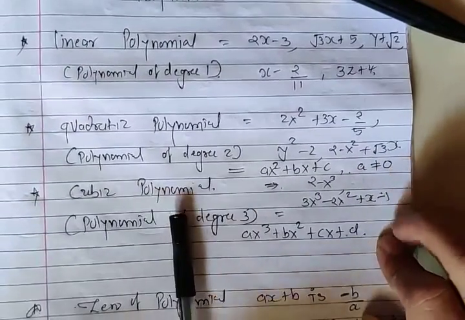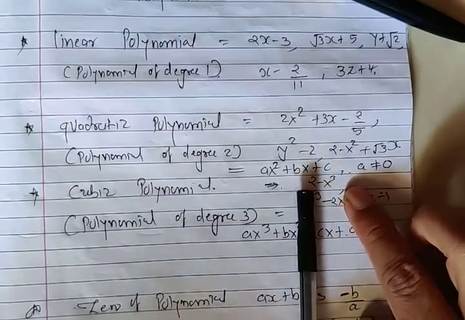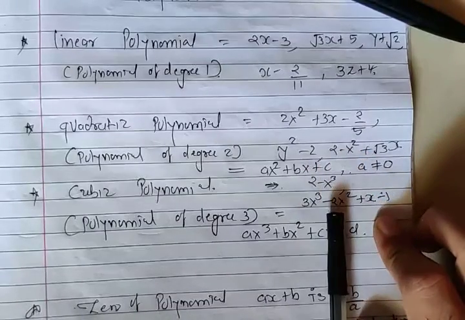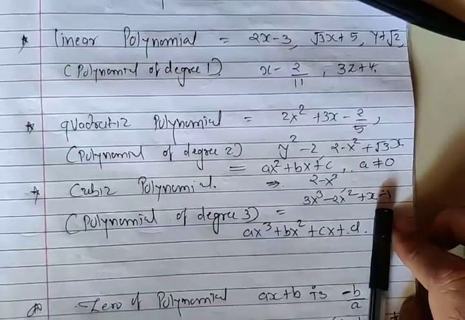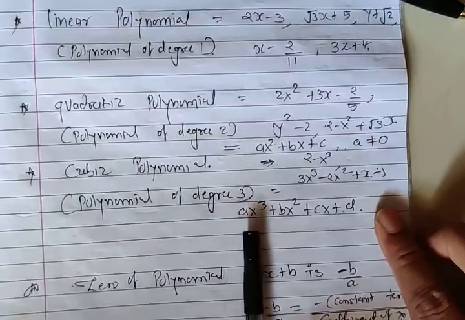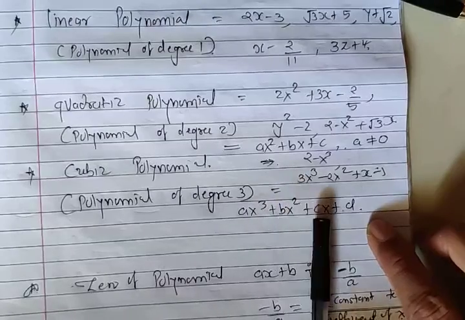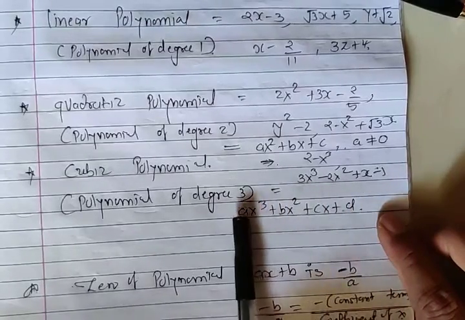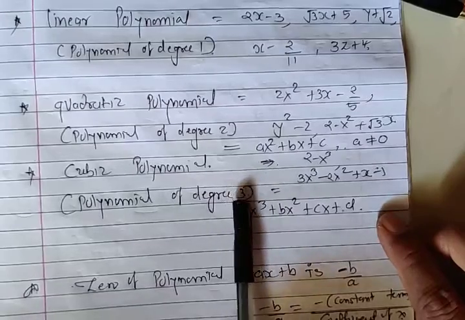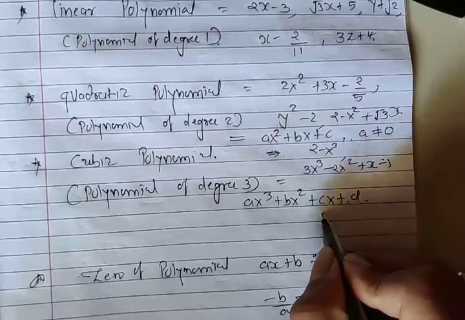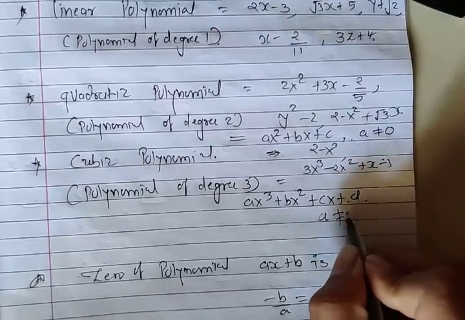Now a cubic polynomial, in a simple way, like 2 minus x raised to power 3, 3x square minus 2x square plus x minus 1, is a polynomial of degree 3. So we can write ax cube plus bx square plus cx plus d. This is the general form. Here also, once again, a should not be equal to 0.